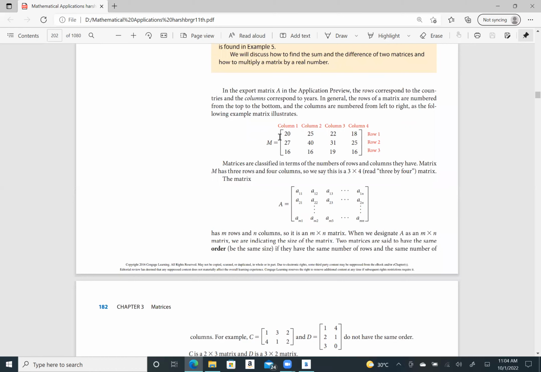A row is the line going from left to right. So you can look here, row 1, row number 2, row number 3. And then you have the column. A column is the line that goes from top to bottom, vertical. So you have column 1, column 2, column 3, column 4, and so on.